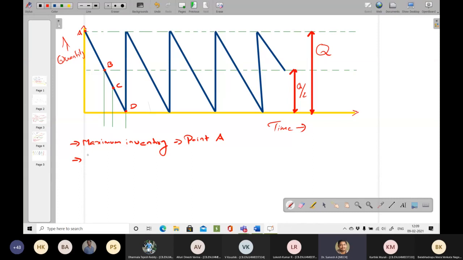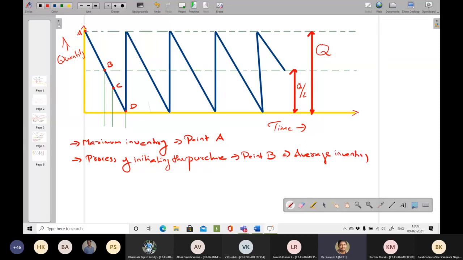So you will start the process of initiating the purchase at point B. Normally the process of initiating the purchase is done at the point of average inventory.